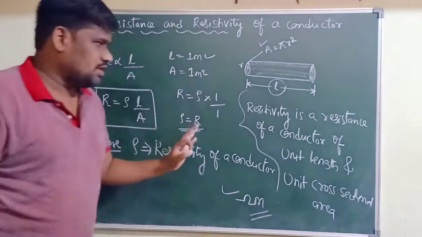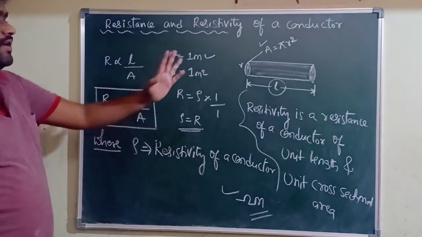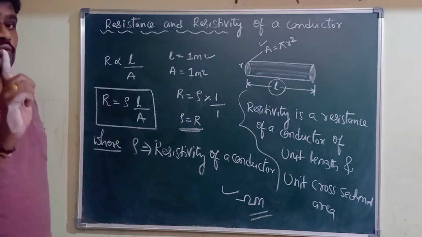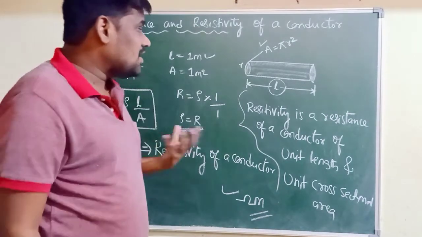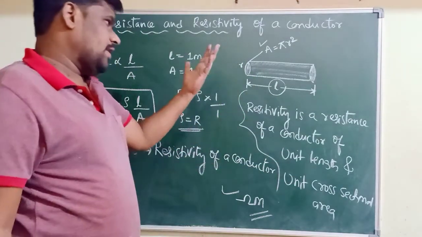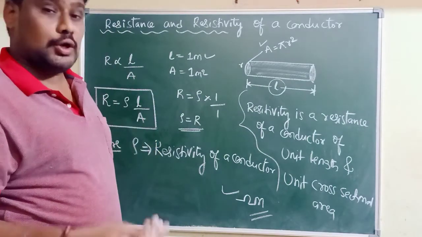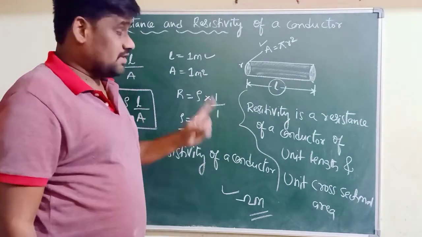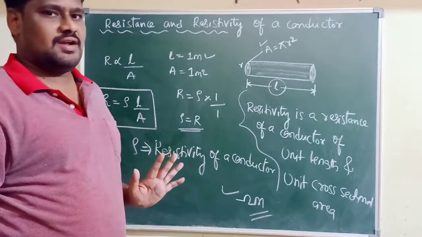Therefore, resistivity depends only on the material of a conductor, whether it is made of copper, aluminium, or iron.